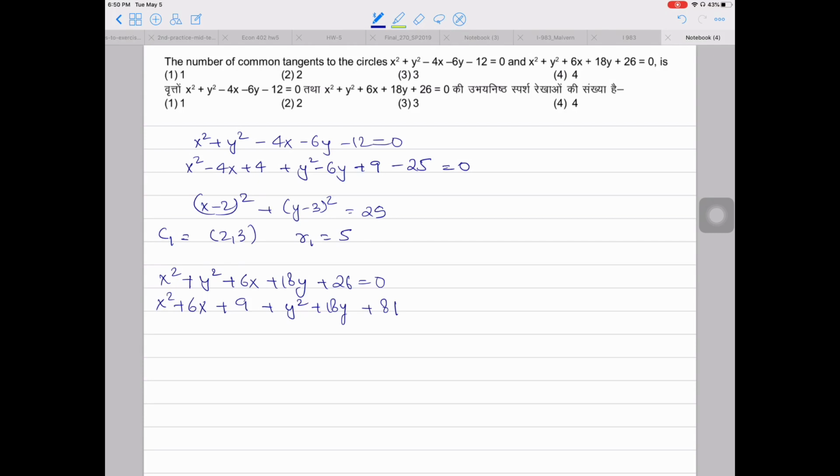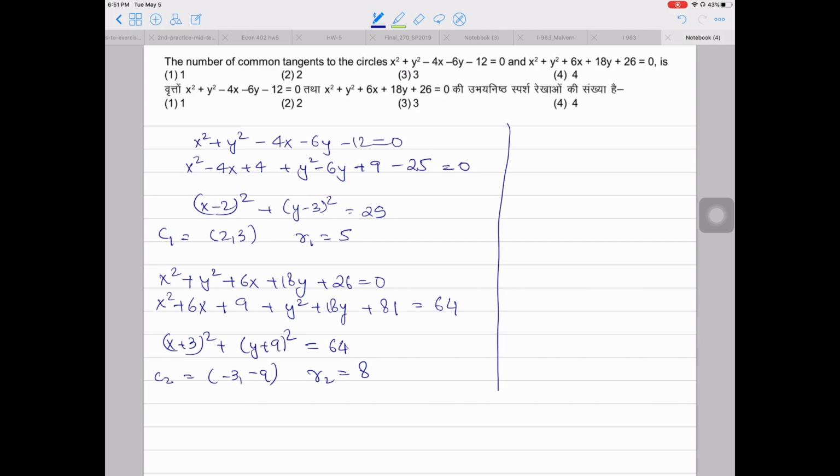So we added 90. So we need to subtract 90. So that would give us 64. So we have x plus 3 squared plus y plus 9 squared equals 64. So we know that the center of the second circle is minus 3 comma minus 9, and the radius of our second circle is 8.